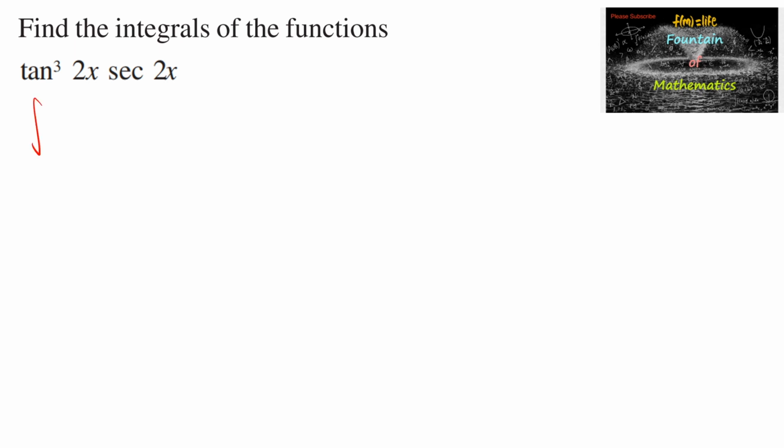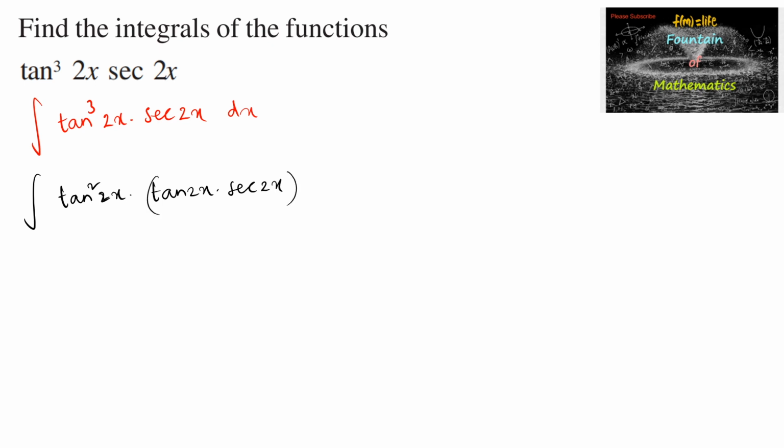Find the integral of the function tan power 3 2x into secant 2x dx. We can write integral tan power 3 as tan square 2x into tan 2x into secant 2x dx.